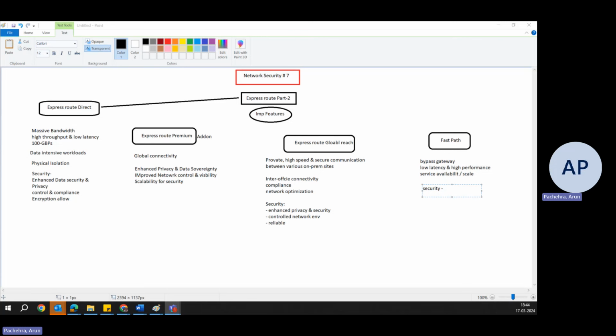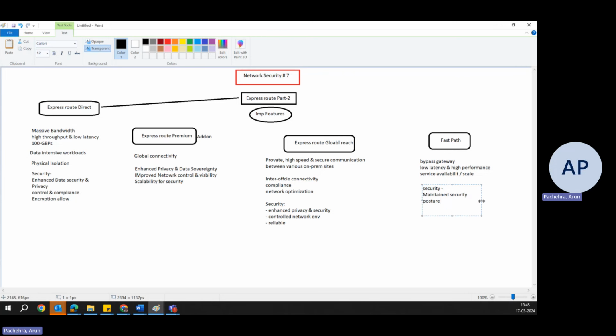Now, compliance and isolation. For organizations with strict compliance requirements, FastPath maintains the isolation benefits of ExpressRoute, keeping data off the public internet and within the Microsoft Global Network. This isolation is crucial for adhering to regulatory standards and protecting sensitive information. So for the security, we can say maintained security posture, because you can still have your firewall and NSG in place.